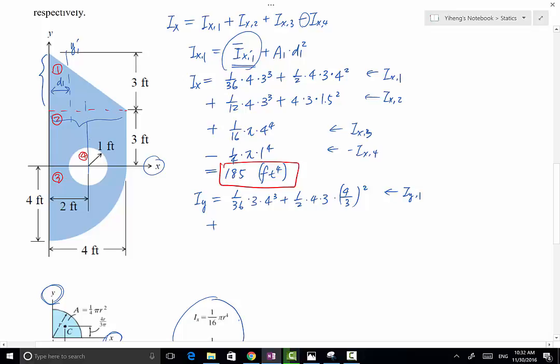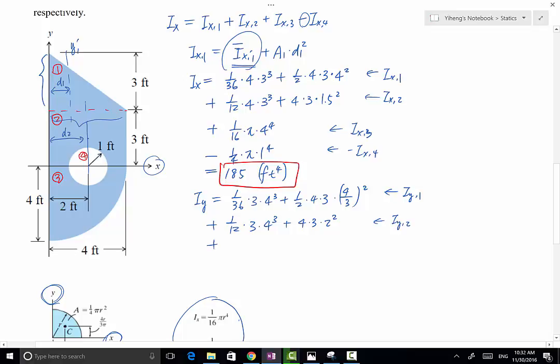About its own centroidal axis, we have 1/12. Again, the perspective has changed. The base is now 3. The height is now 4 raised to the 3rd power. Okay, plus the area is 4 times 3, still the same. Now the distance d2 is 2 raised to the 2nd power. So this is my Iy2.